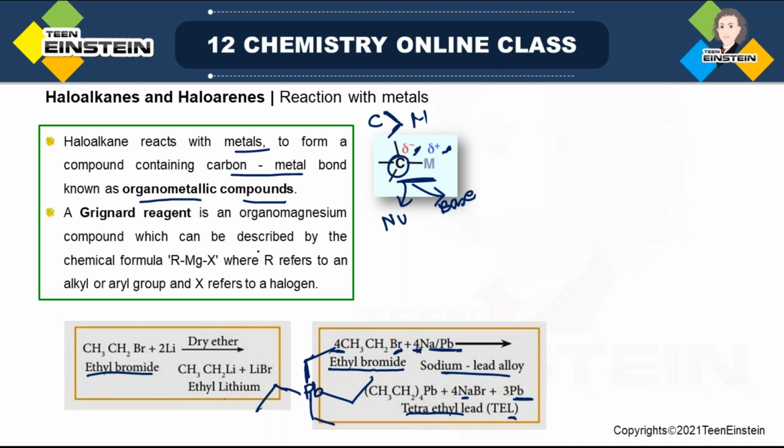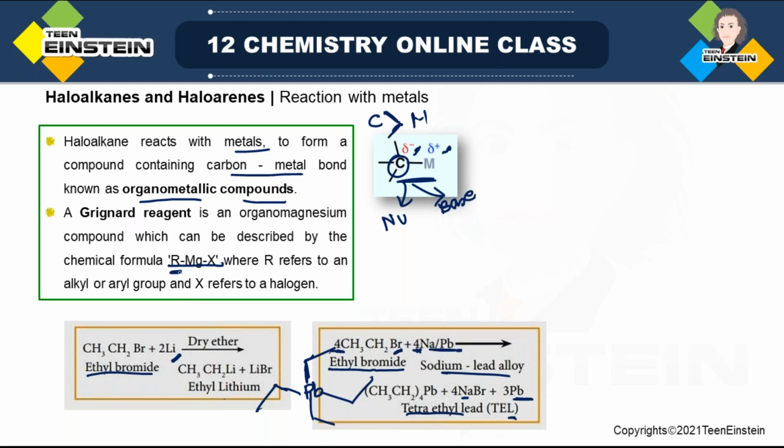Now what about Grignard reagent? Grignard reagent is basically where a carbon-magnesium bond is present, and the general way by which we represent it is RMgX. Here you have seen the use of lithium. Magnesium is from group 2 and it will have 2 bonds.